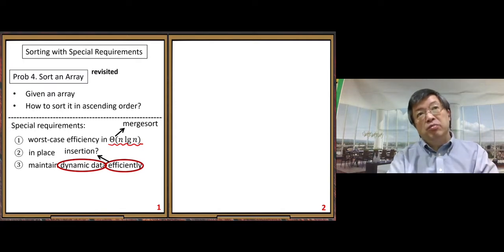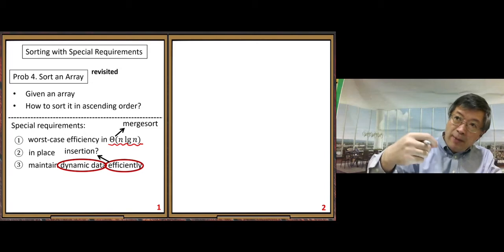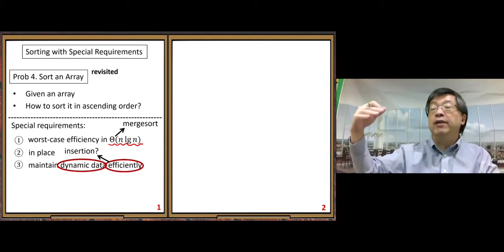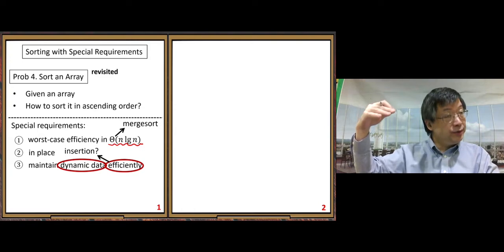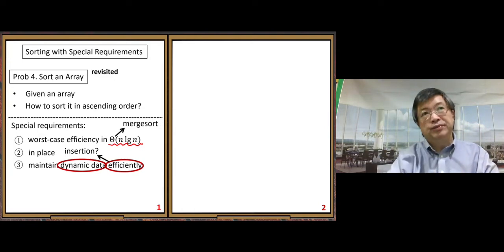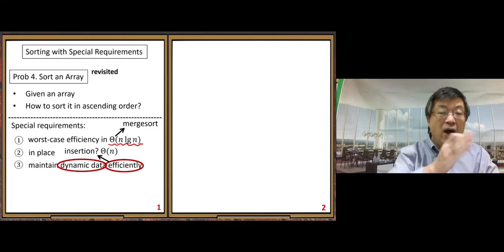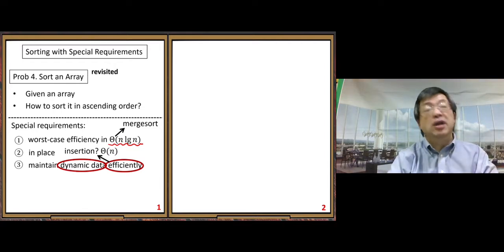Let's look at insertion, because when a new element comes in, you need to insert it into the already sorted array. So you basically do the insertion operation. If we recall insertion sort, we have that step. We need big theta of n to do the insertion. So that is not very efficient.